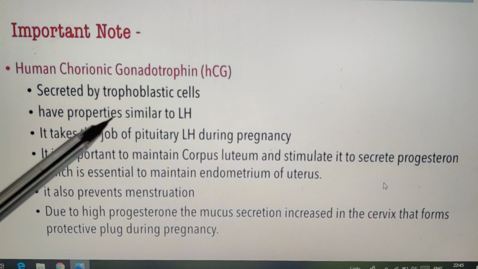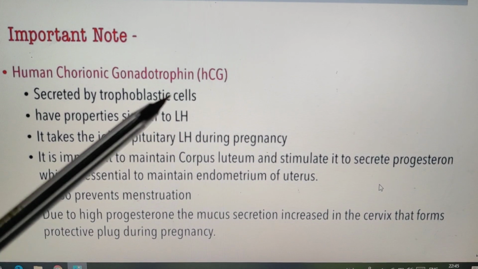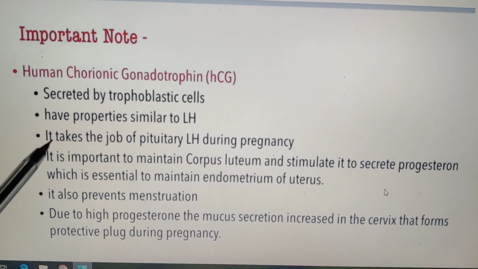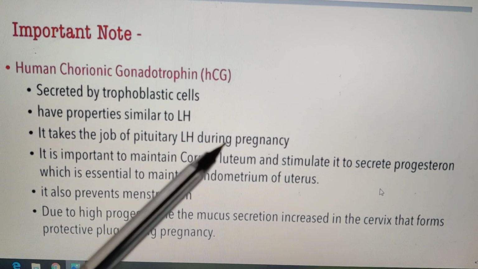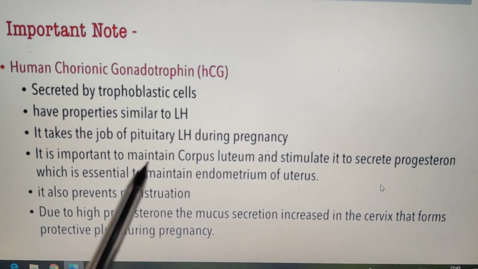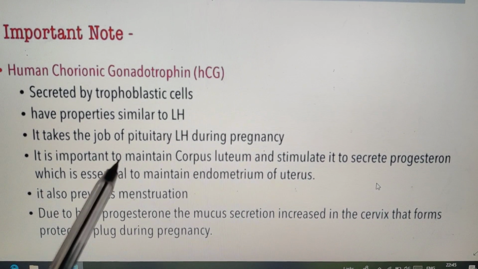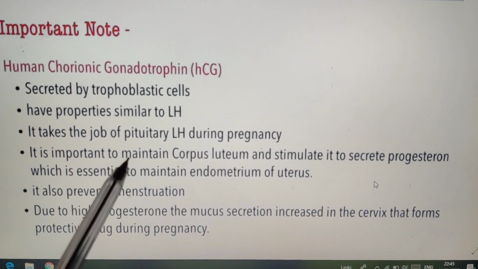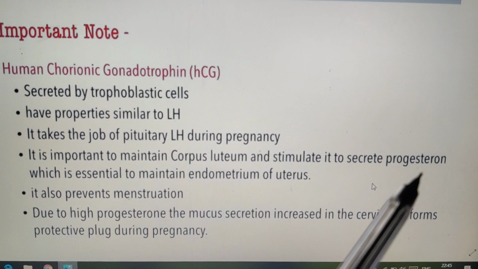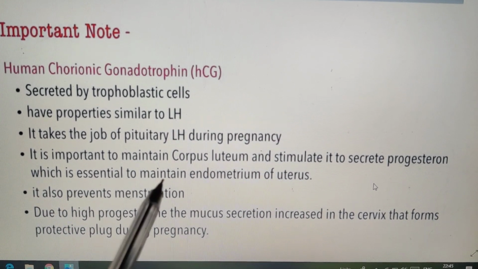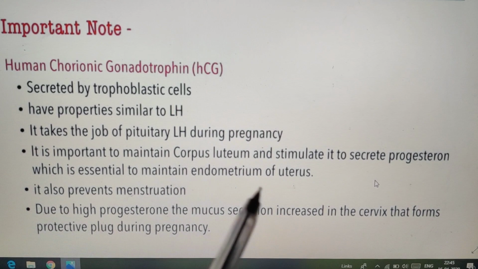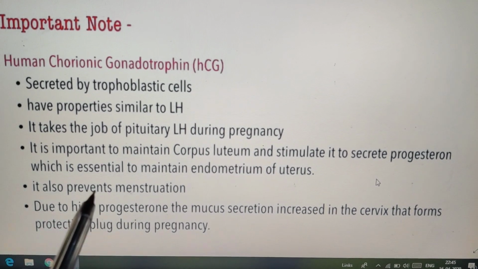It has properties similar to LH. It takes the job of pituitary LH during the pregnancy. Corpus luteum will be maintained inside the ovary, which secretes progesterone, which is very essential to maintain the endometrium of uterus. It also prevents menstruation.